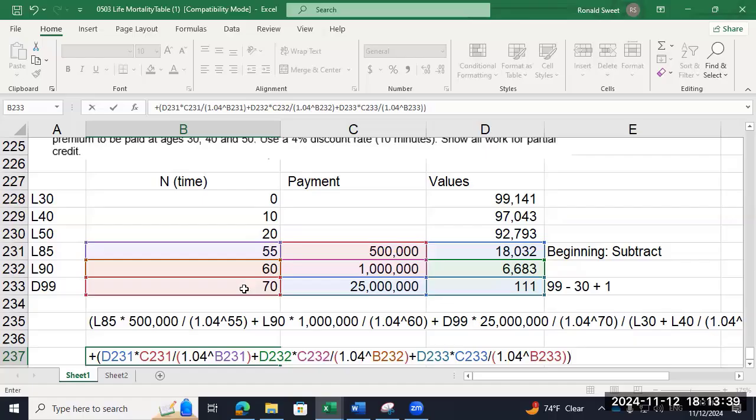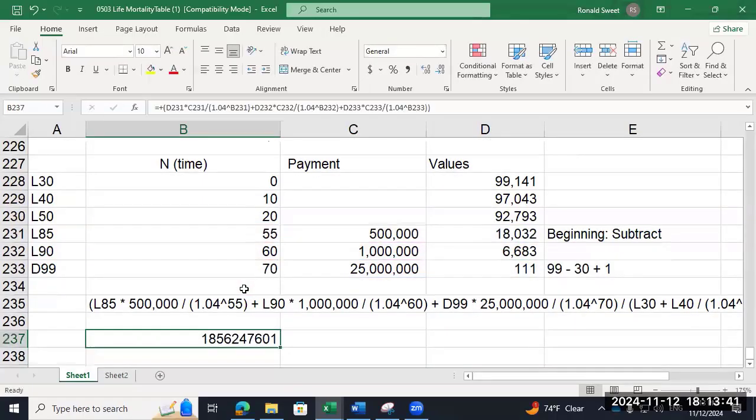All right. So there's our denominator. It's a massive number. But in present value terms, it doesn't look that big. When you discount something over 70 years, it gets pretty small.